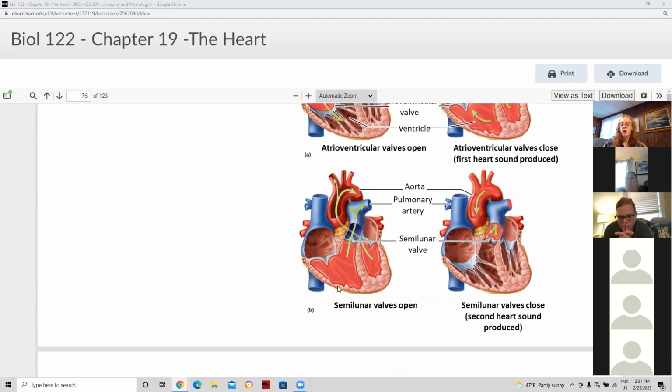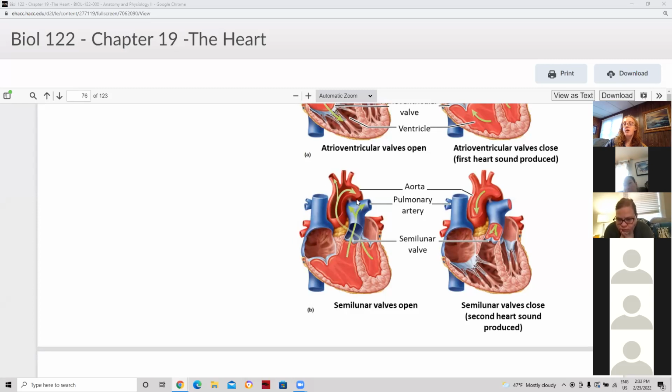Right. So when the pressure in the ventricles finally exceeds that in the aorta and the pulmonary trunk, the blood is going to move out through that valve. Then the pressure is going to drop in the ventricles because they're going to relax.